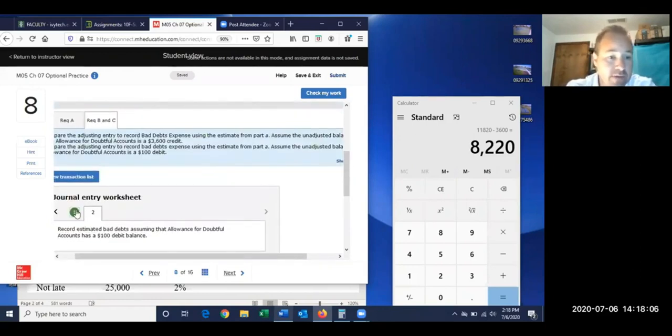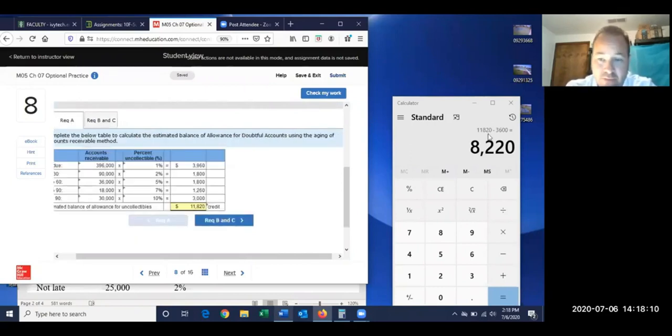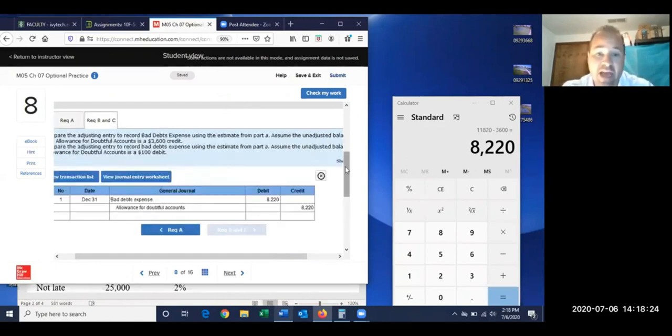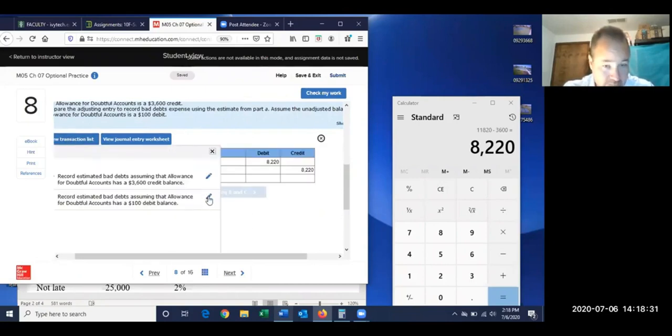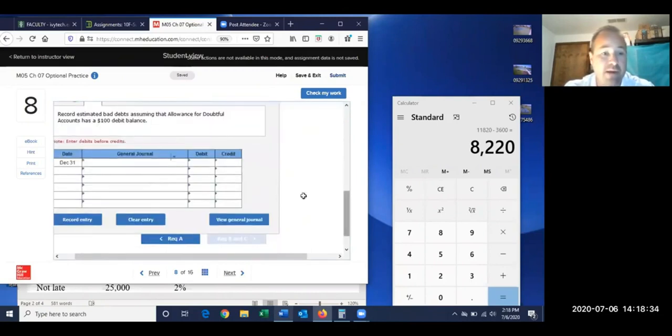Remember, the new amount is, let's go back to it, here it's in my calculator still, 11,820. Not only do I need to debit the whole 11,820 because I don't have a balance, I actually have a negative balance of 100. So I'm going to tack on an extra 100, and put 11,920 as my debit. You've got to pay real careful attention to whether it says debit or credit balance.